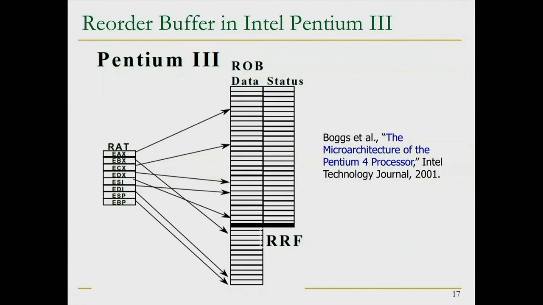And basically, the values of the register can be in the architectural register file, a retirement register file, which is essentially this over here. Or they could be inside the reorder buffer, waiting to be written or already written by an instruction that's in the pipeline. Okay? So this is the indirection that you have. This alias table basically gives you an indirection as to where you can find the value.